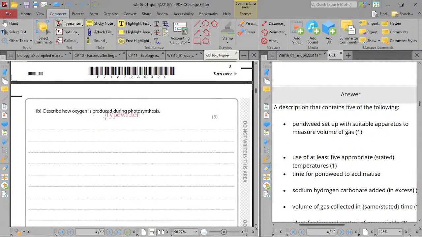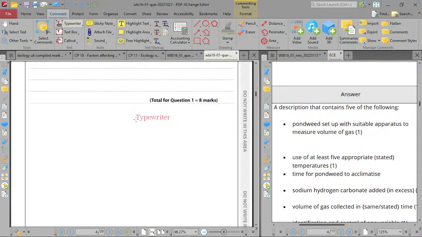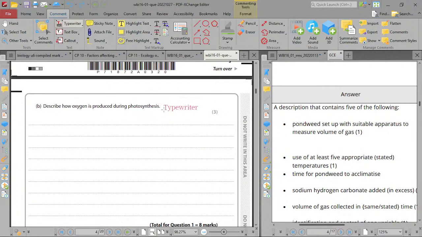Then describe how, so this is always the second question that joins alongside it. Some question regarding the syllabus, more like a unit 4 topic, right? So describe how oxygen is produced during photosynthesis. So how is it produced?